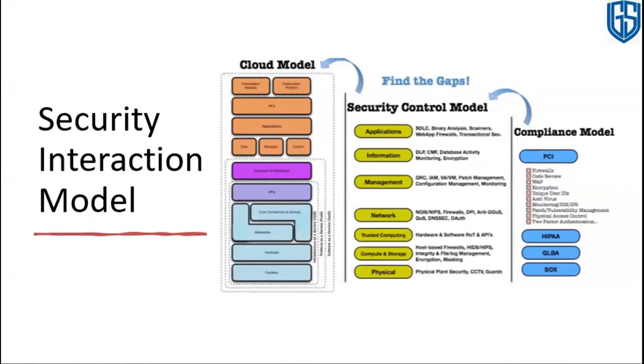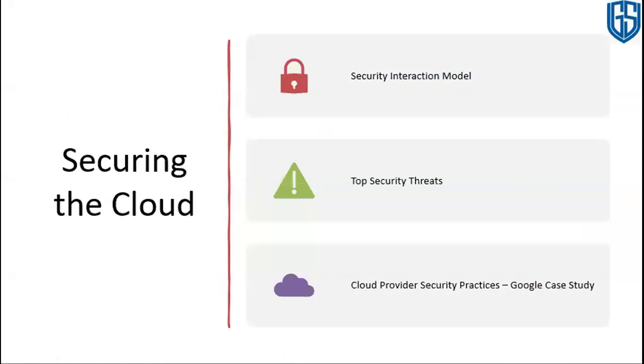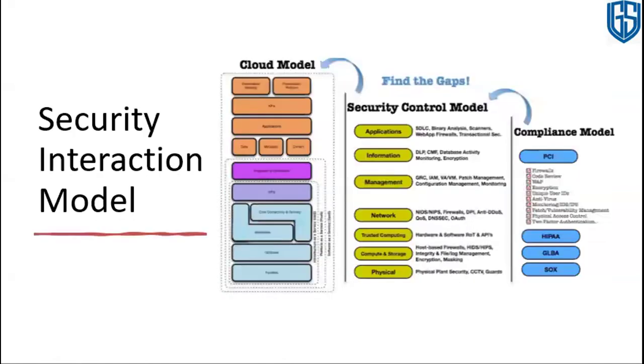In the cloud model, we have infrastructure as a service, platform as a service, or software as a service. All three types of service models should comply with this security control model. That is how the cloud model is interacting with the security model. So that is the first part, the security interaction model. Whenever we want to embed security in the cloud, we have to use the security control model.